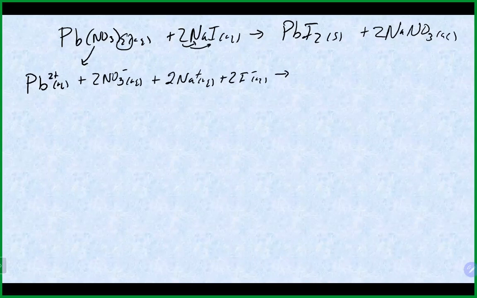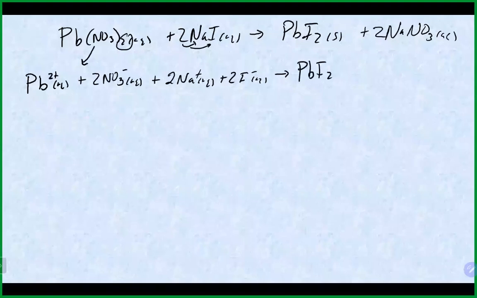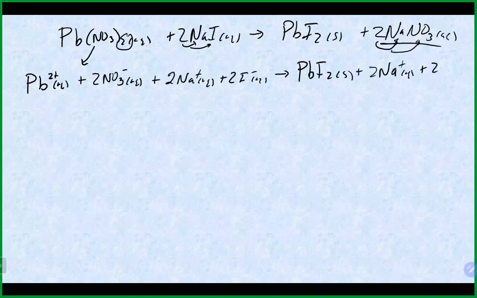So in this case, we have the solid, which we would keep together. And this is just an ionic compound, which means it will break apart. Once again, that 2 gets distributed to both of those. That will give me 2 sodium ions and 2 nitrate ions here.